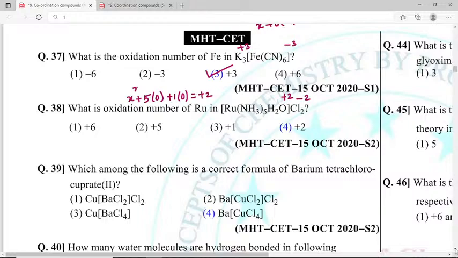So solving this, x is equal to plus 2. So plus 2 is your answer. Ammonia is a neutral ligand. So if a neutral ligand is present, it is taken as 0 for calculating the oxidation number. Water is also a neutral ligand, so taken as value 0.